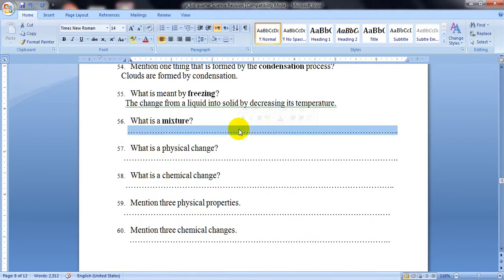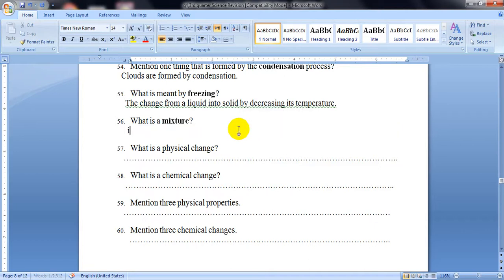The next one, what is a mixture? As we said before, a mixture is a combination between two or more substances that keep their own properties. Like we said, salad, it's an example of a mixture.